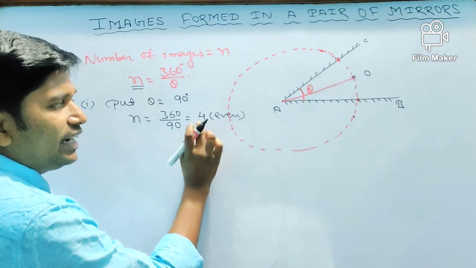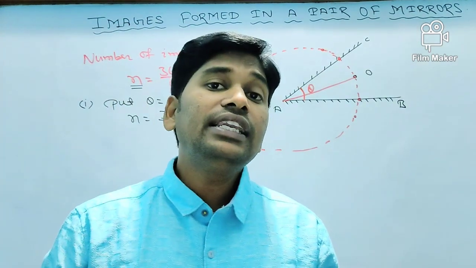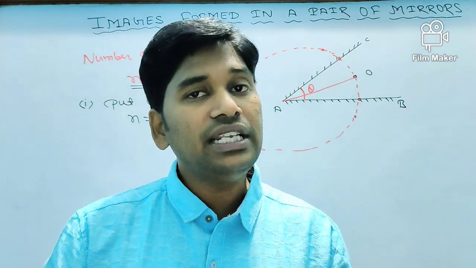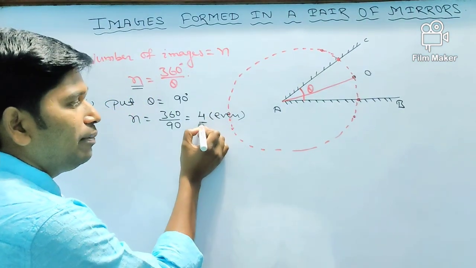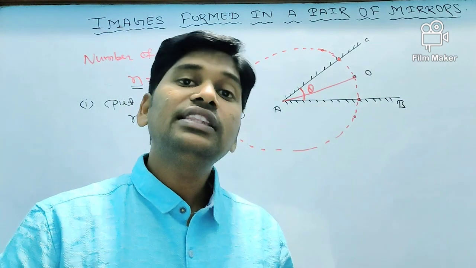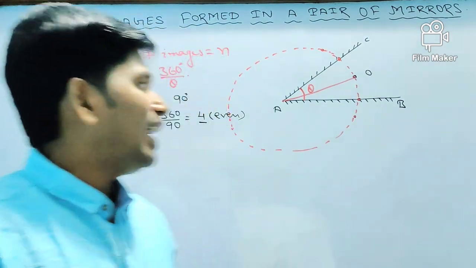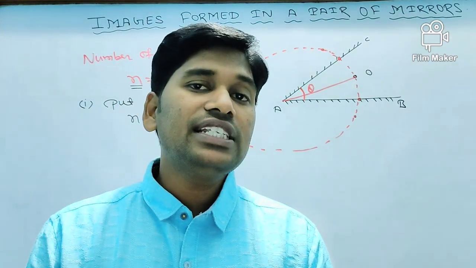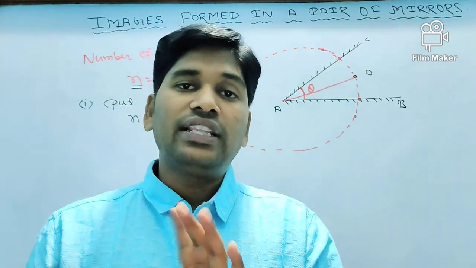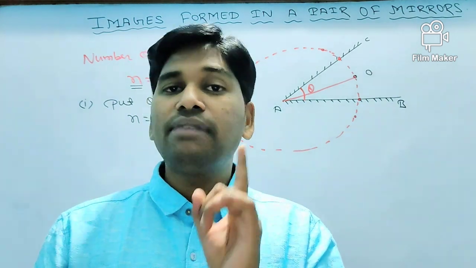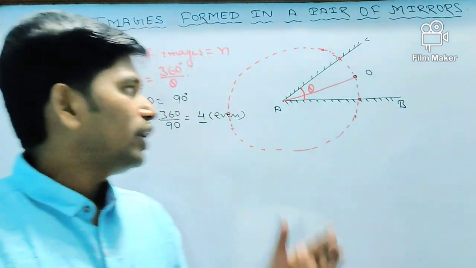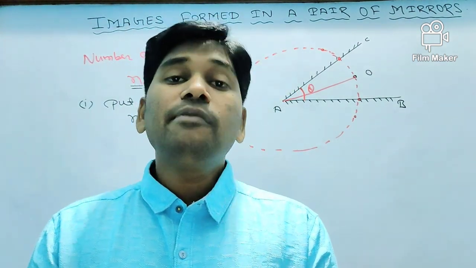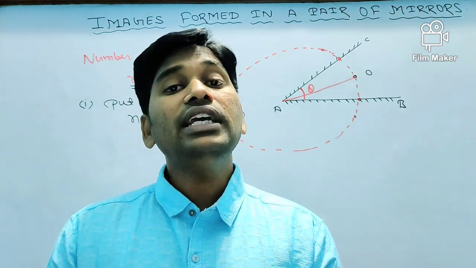If we are getting an even number, then the number of images will be n minus 1. Means the number of images will be not 4, it will be 3. So if the value of n is an even number, then the number of images will be n minus 1. So if two mirrors are kept perpendicular, then the number of images formed will be 3.